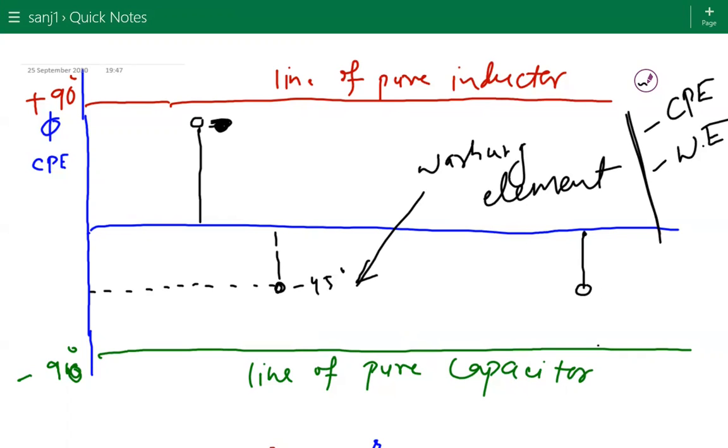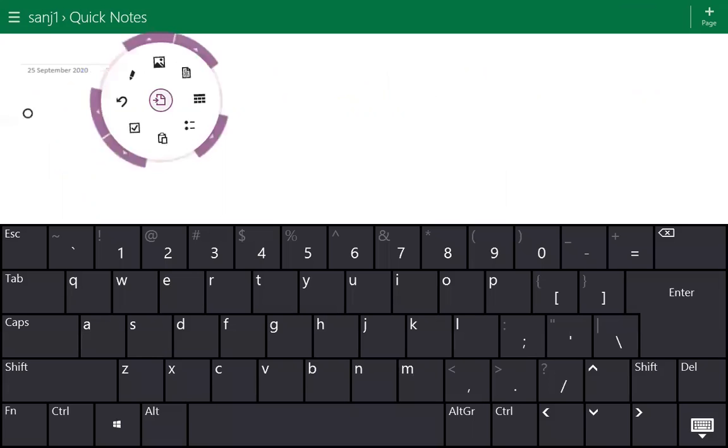But actually, in practice, if you go through the mathematics, you will find that the Warburg element is a special case of the constant phase element where the phase angle is exactly minus 45 degrees. Now we will look at some of the existing circuits in which such fractional order circuit elements have been used.